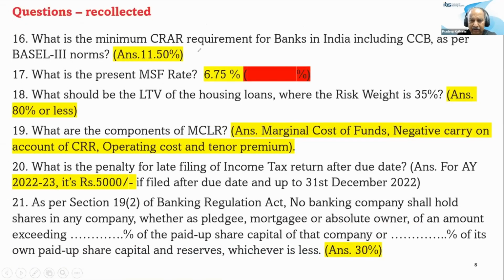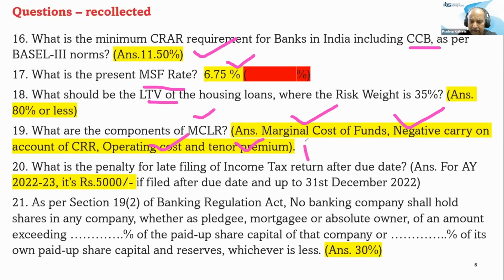Including CCB, 11.50. Okay, capital conservation buffer, counter cyclical buffer. Then MSF rate 6.75. Then LTV, the 35% applies wherever LTV is 80% or less. MCLR: marginal cost of funds, negative carry on CRR, operating cost, and tenor premium.